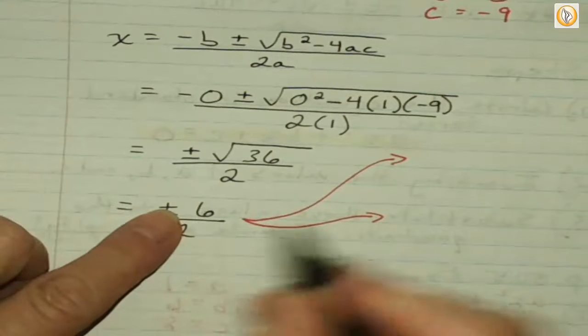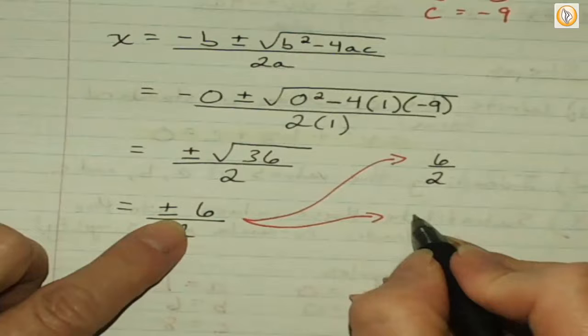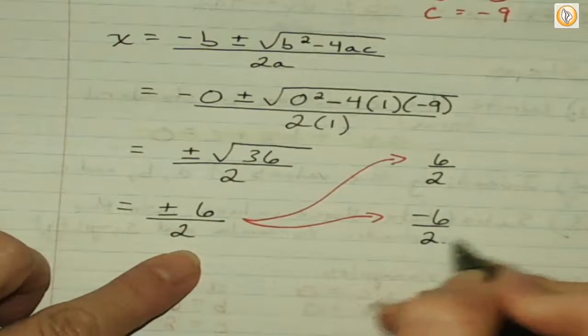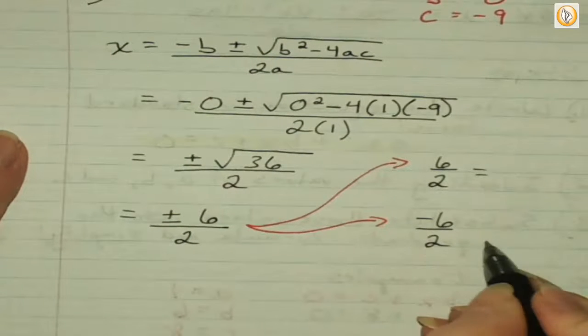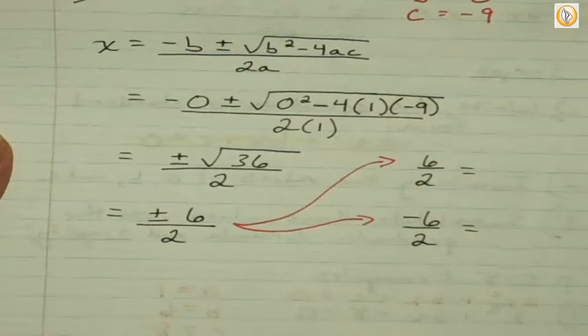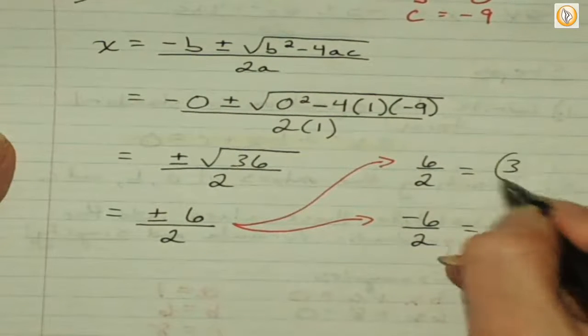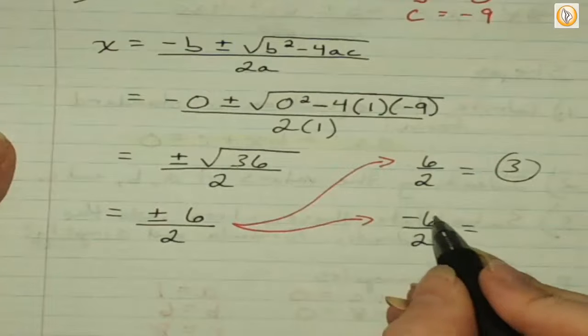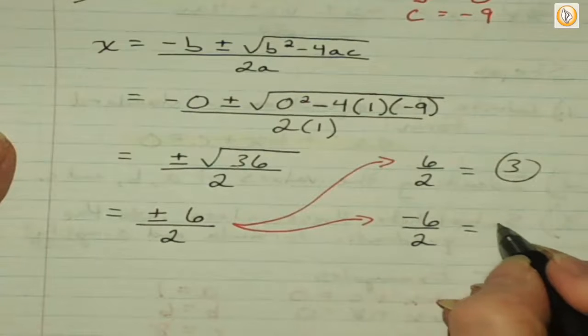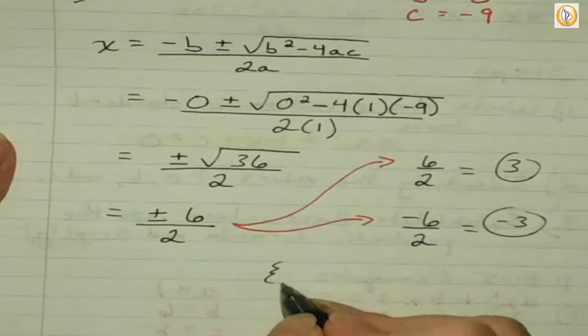I have positive 6 over 2, and then negative 6 over 2, because of my plus and minus. Aiden, what is 6 divided by 2? And Emily, what is negative 6 divided by 2? Negative 3.